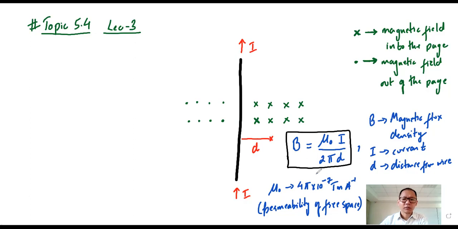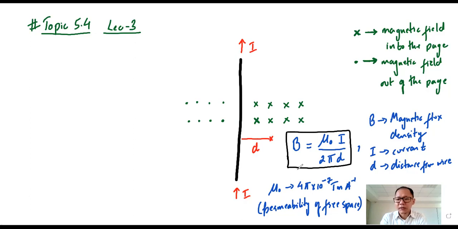Now the other question could be, what is mu naught here? Okay, I said it's the permeability of free space, but what does it actually mean? Think of it like this. The magnetic properties are more prominent in some mediums. So how effective the magnetic field is in a particular medium is given by the permeability of that medium.